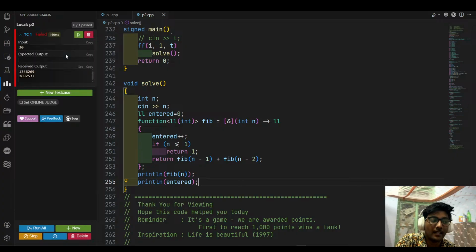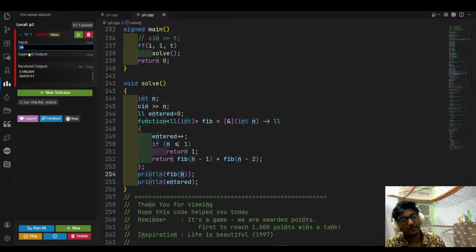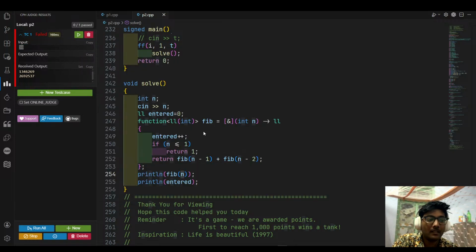It's very high. It's on the order of 10 to the power 6 for just the value n equal to 30. So this is the way we can prove that Fibonacci takes very high time when memoization is not used.